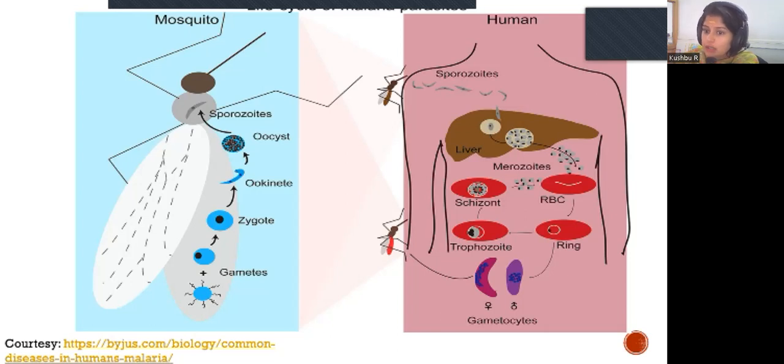Once the schizont matures, it ruptures, and all the merozoites synthesized inside the schizont get liberated into the bloodstream. Now, these merozoites find their way to the red blood cells. Each merozoite reaches and infects the red blood cells in the bloodstream.